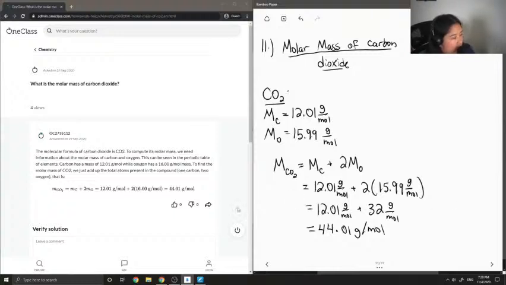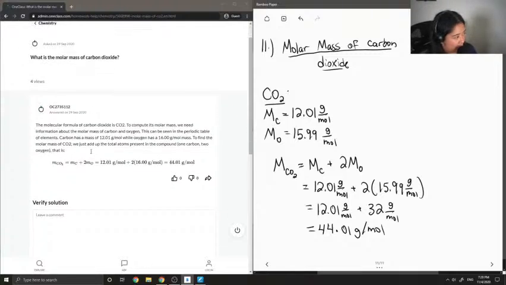Let's see what our junior tutor said. The molecular formula of carbon dioxide is CO2. To compute its molar mass, we need information about the molar mass of carbon and oxygen. This can be seen in the periodic table of elements. Carbon has a mass of 12.01 grams per mole, while oxygen has a 16.00 gram per mole mass.